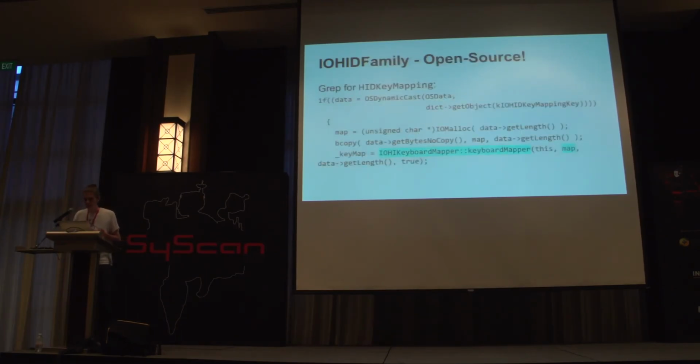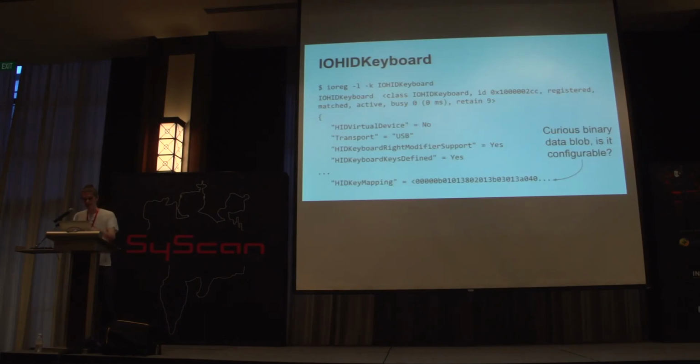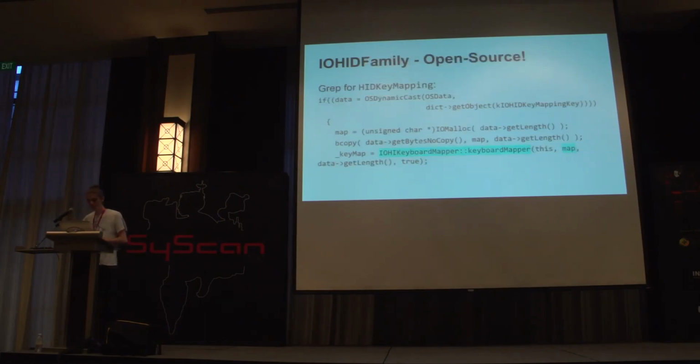So luckily, IOHID family, as I mentioned earlier, is one of the open source IOKit families, which means that we can quite easily just grep for this HID key mapping key. And if we do that, we reach this bit of code here.